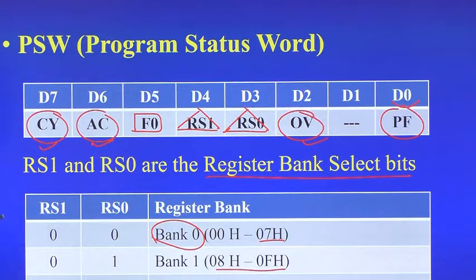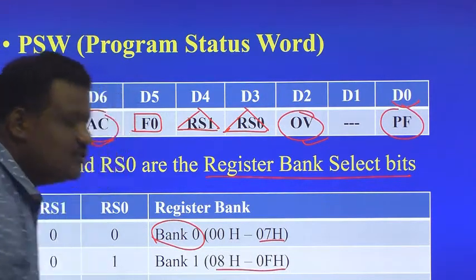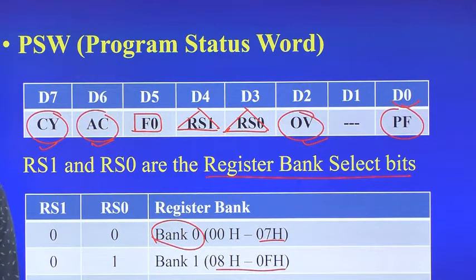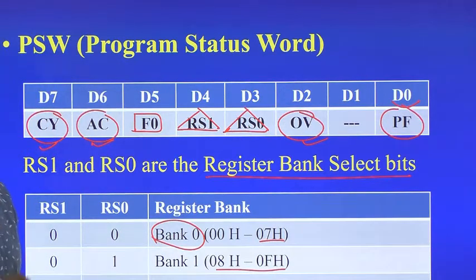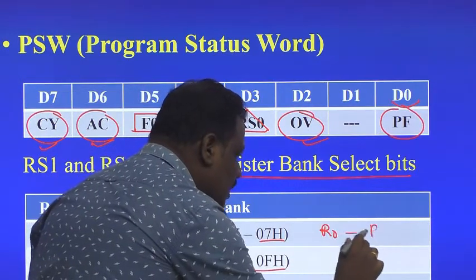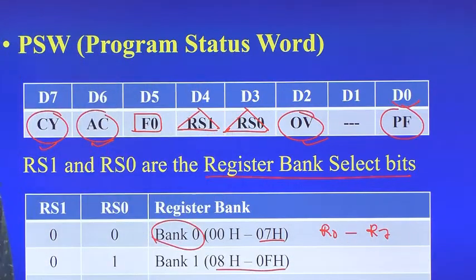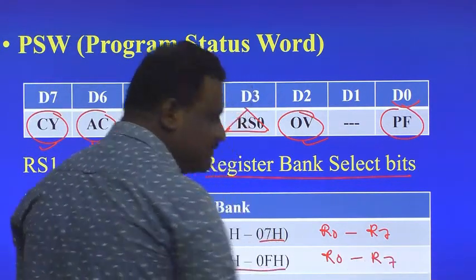That means, you remember friends, once you observe these addresses, under each bank you may find 8 addresses. That means in each and every register bank there are 8 registers, from R0 to R7. In bank 1 also you may find registers R0 to R7.